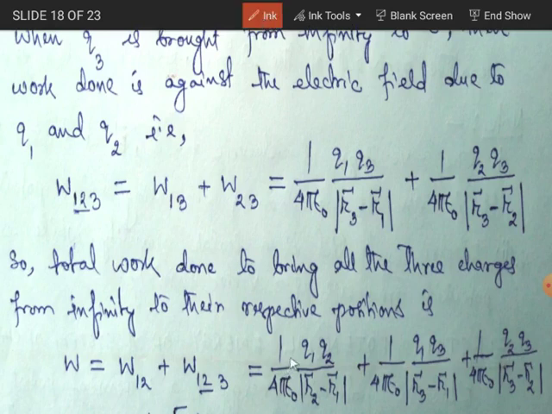This portion is nothing but the electric potential of Q1 at the position of Q2. Got it? This is the electric potential due to the point charge Q1 at the position of Q2, that means at the point B.